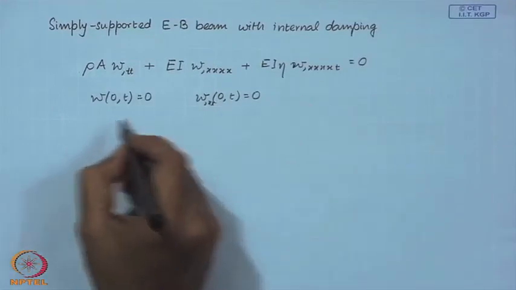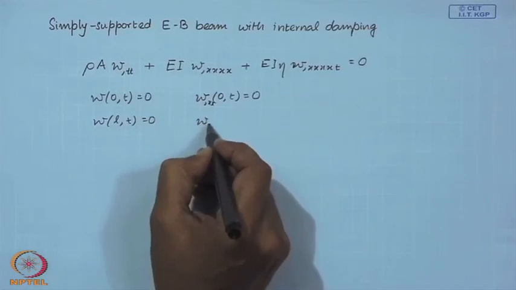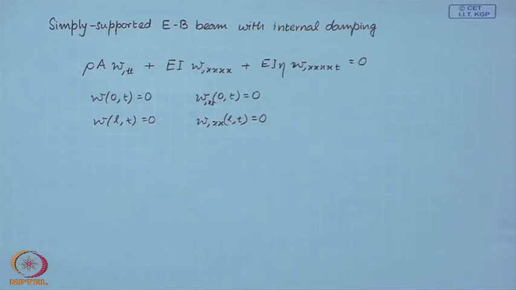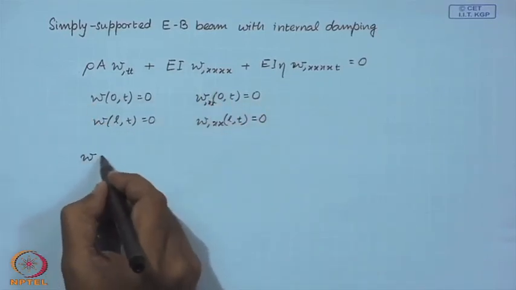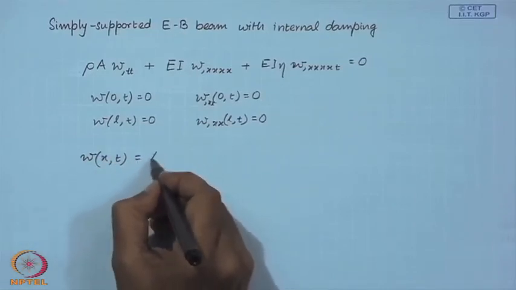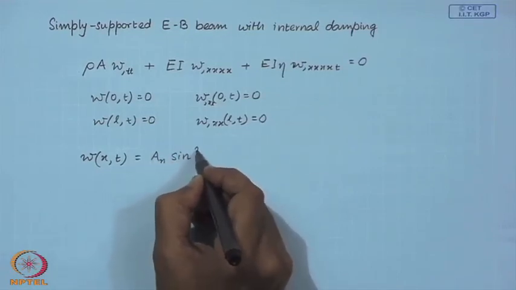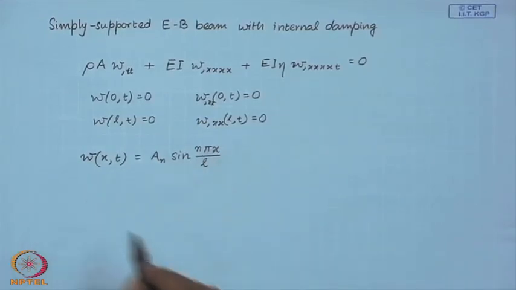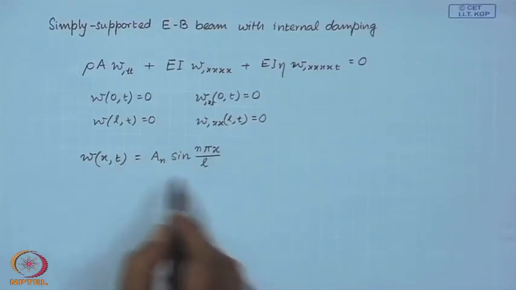So, the moments are 0. Now, we have seen that for an undamped beam, the modal vibration is given by this. Let us for a moment assume that this beam is vibrating in this nth mode.